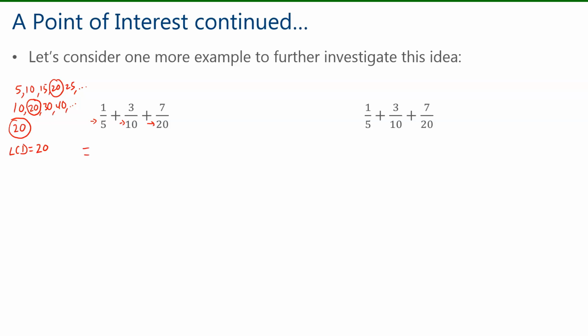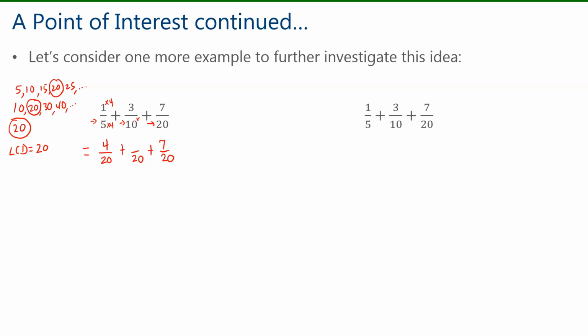So I go back to my calculation. I will need to rewrite the 1/5 with a denominator of 20. I will need to do the same for the 3/10, but the 7 over 20 already has a denominator of 20. We leave it as is. So an equivalent fraction for 1/5 would be 4 over 20, multiplying numerator and denominator by 4.